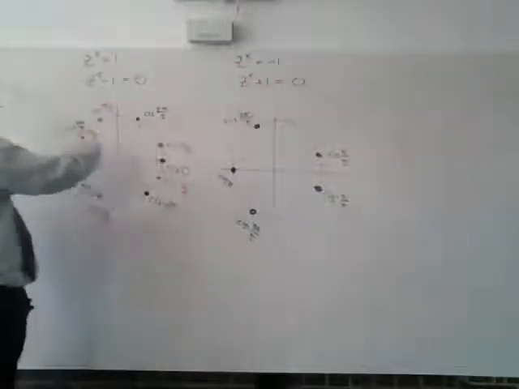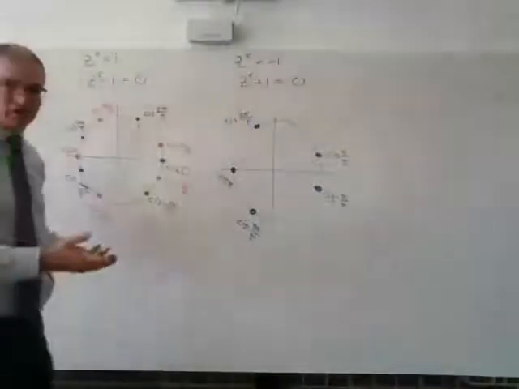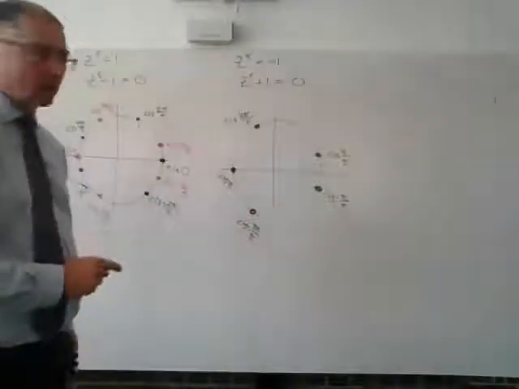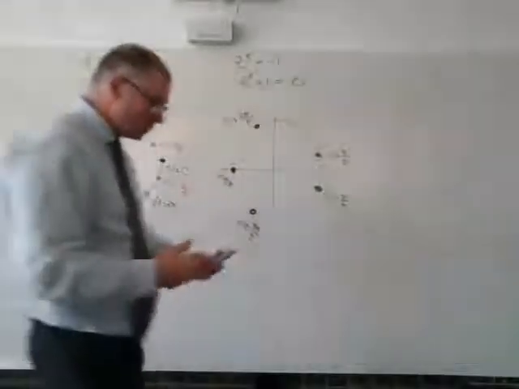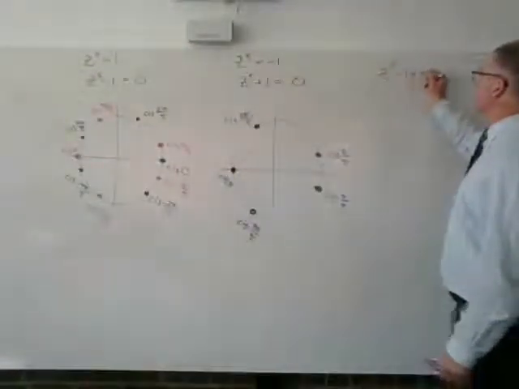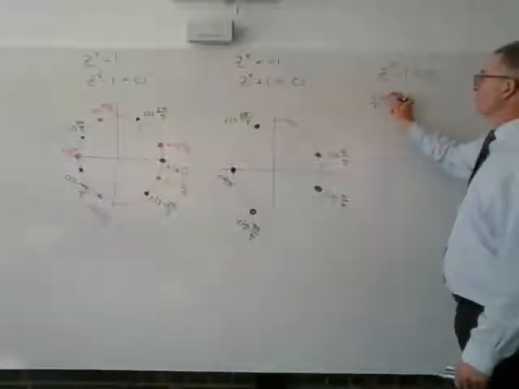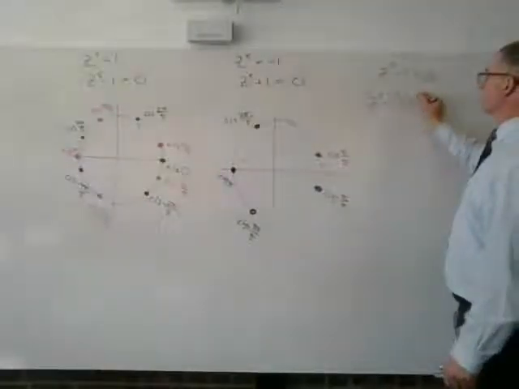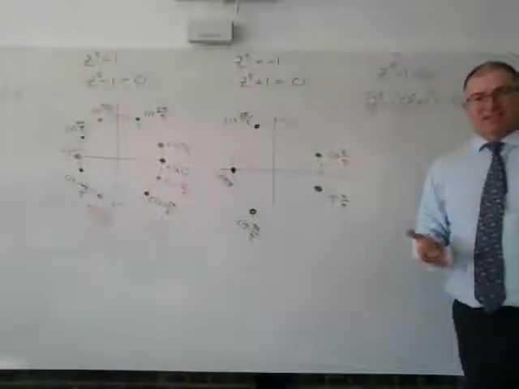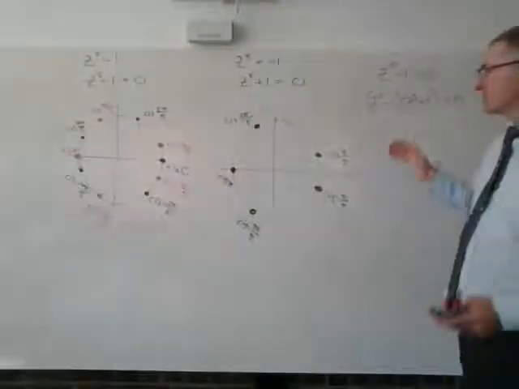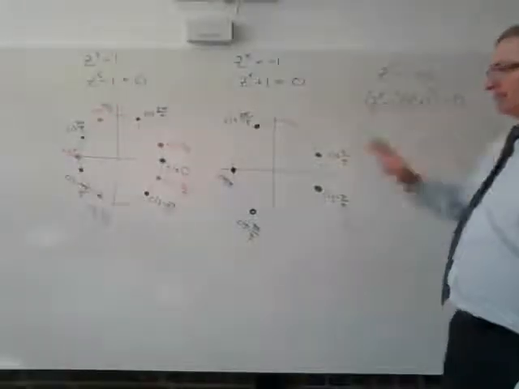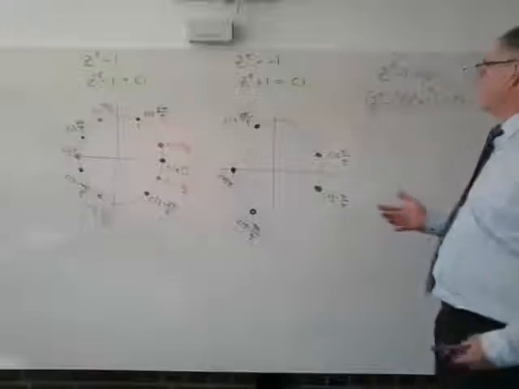Those 10 solutions there, if I'd drawn it accurately, would form a regular decagon, and they'd be the solutions to z to the 10 minus 1 equals 0, because z to the 5 minus 1 times z to the 5 plus 1 is the same as z to the 10 minus 1 equals 0. So the solution set to this and this combined is the solution set to z to the 10 minus 1 is 0.